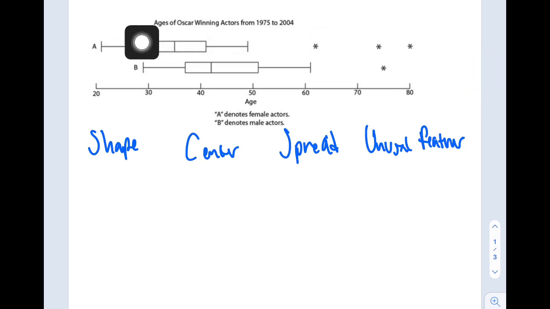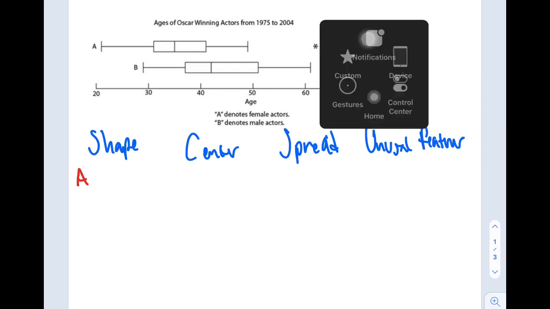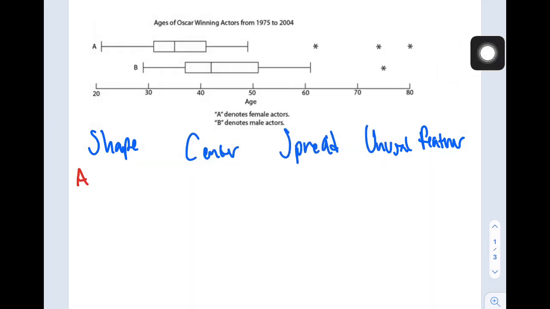And once again, let's just look at box plot A. So this is female actresses. If you just look at the box plot, it looks pretty symmetrical, but we need to recognize that we do have high outliers. And if we were to actually connect these high outliers to our box plot, it would make a box plot that's heavily skewed right.